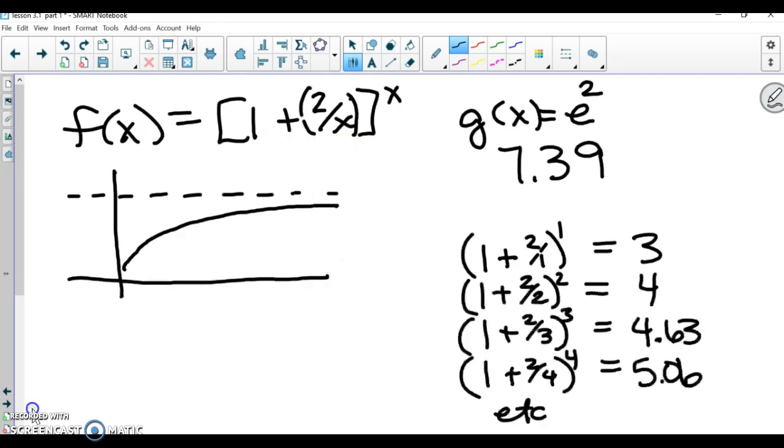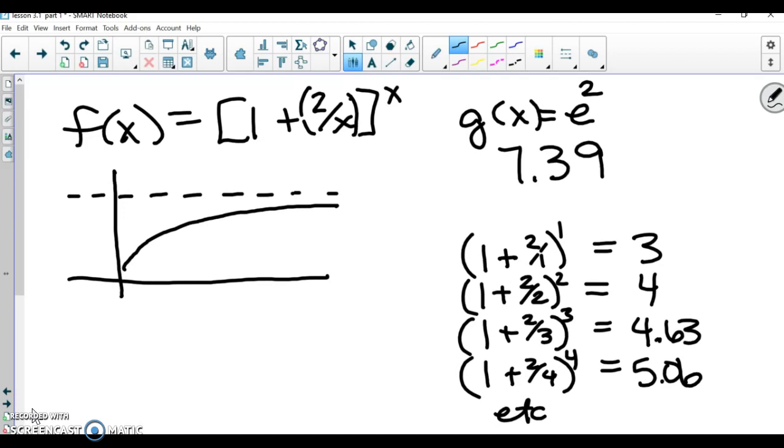So we can see from example 5 the approximation of e, 1 plus 1 over x to the x. Problem 27 asked you to look at and compare 1 plus 2 over x to the x and compare it to e to the second power. Taking our irrational value of e and squaring it, we get 7.39.